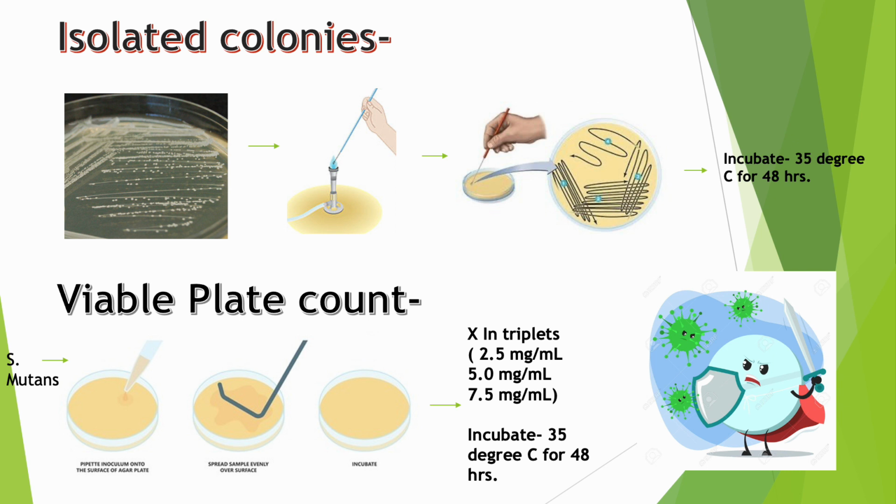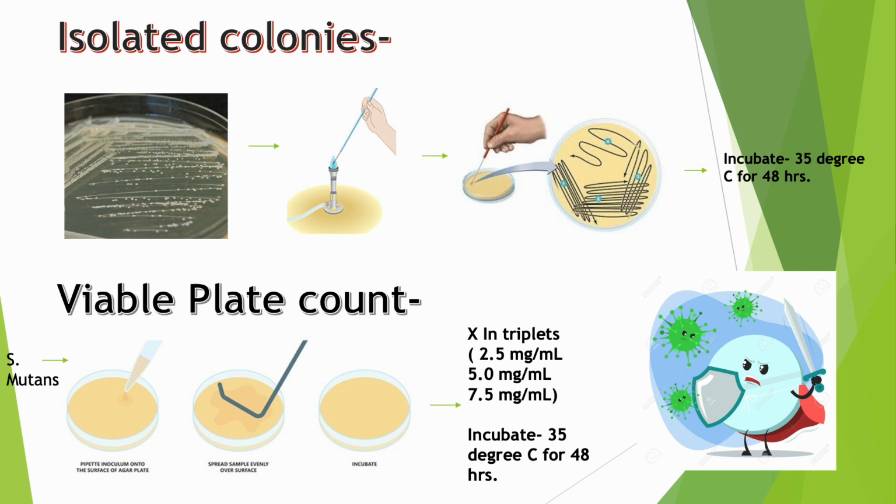We performed spread plates in triplicate and added the Streptococcus mutans on each plate having a different concentration of EETC, to check whether the EETC shows its antimicrobial properties against Streptococcus mutans or not, and at which concentration it affects more or less.